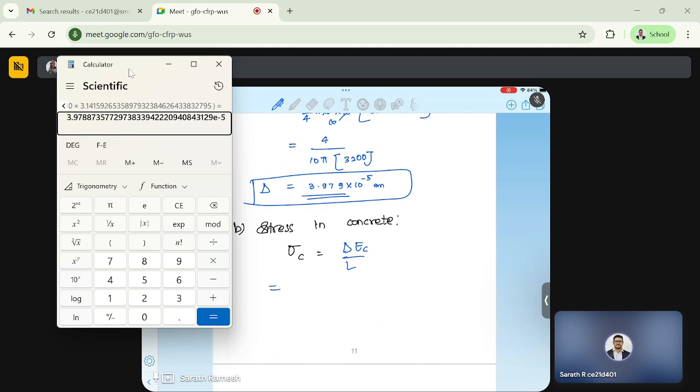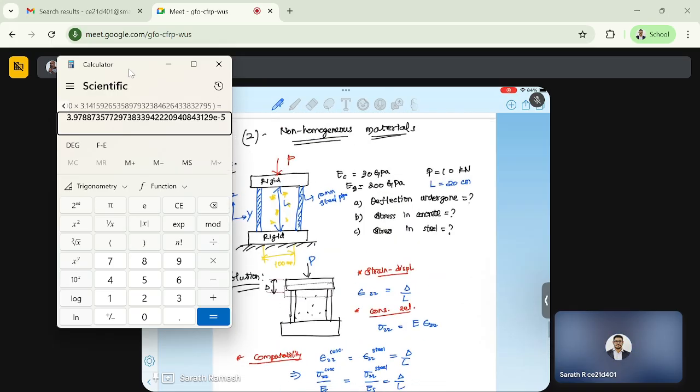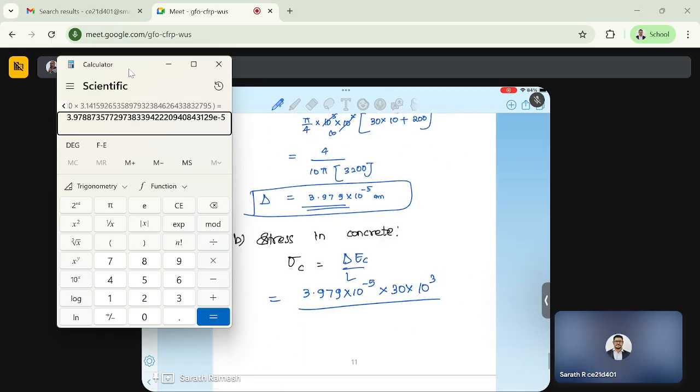Substitute delta: 3.979 into 10 power minus 5 into 30 into 10 power 3 megapascal, divided by the length, which is 20 centimeters, so 200 mm.